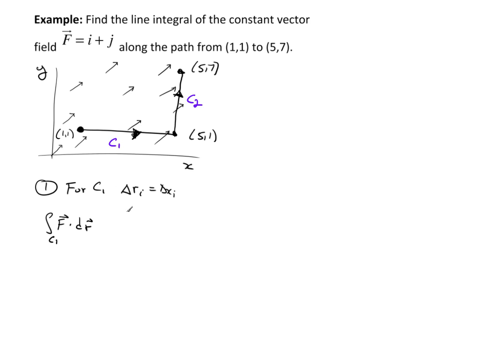So that means that F dot dr equals (1, 1) dot (delta x, 0), which is just delta x.